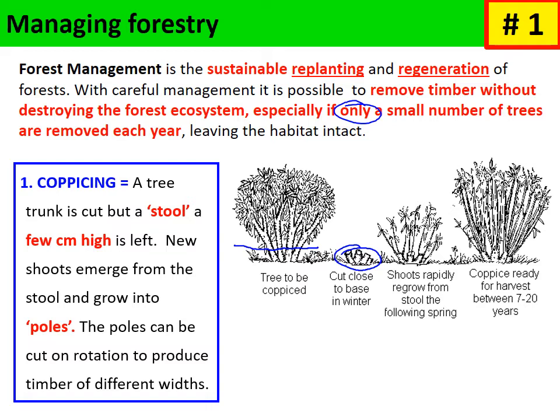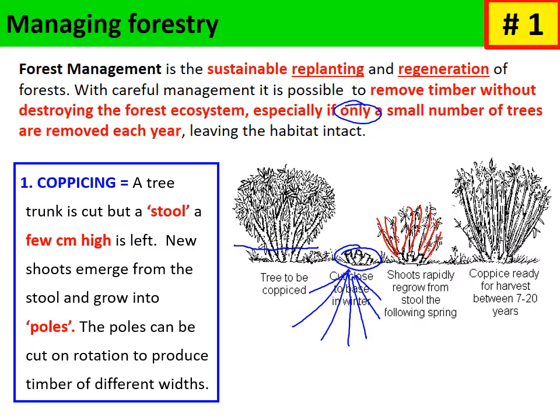Now we know these trees, when they're fairly well developed, will have quite an extensive root system down into the soil. So this method of coppicing actually maintains the root structure in the soil because it doesn't remove the whole plant. Now what happens from that stool is we get these vertical stems that grow from the stump or the stool.